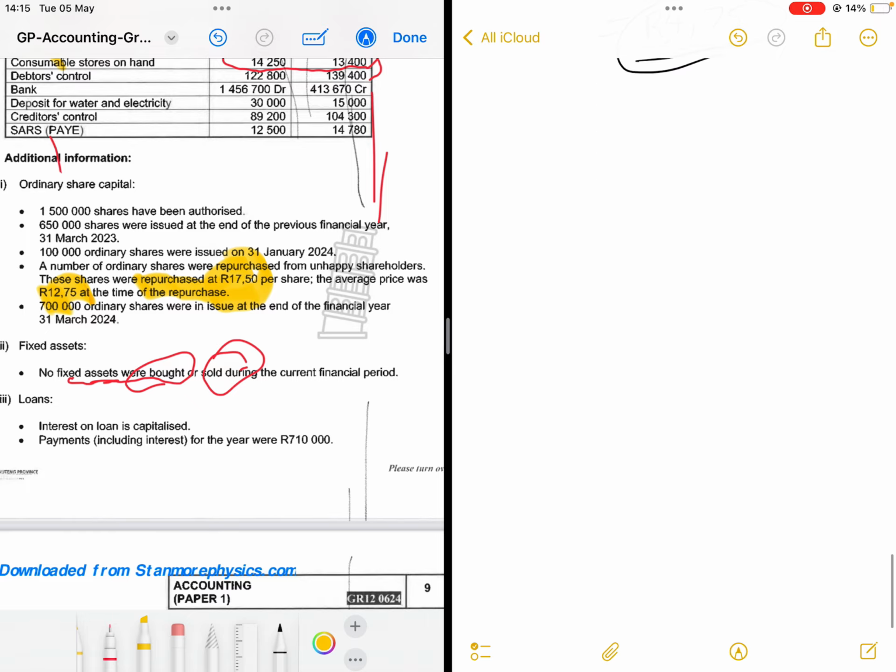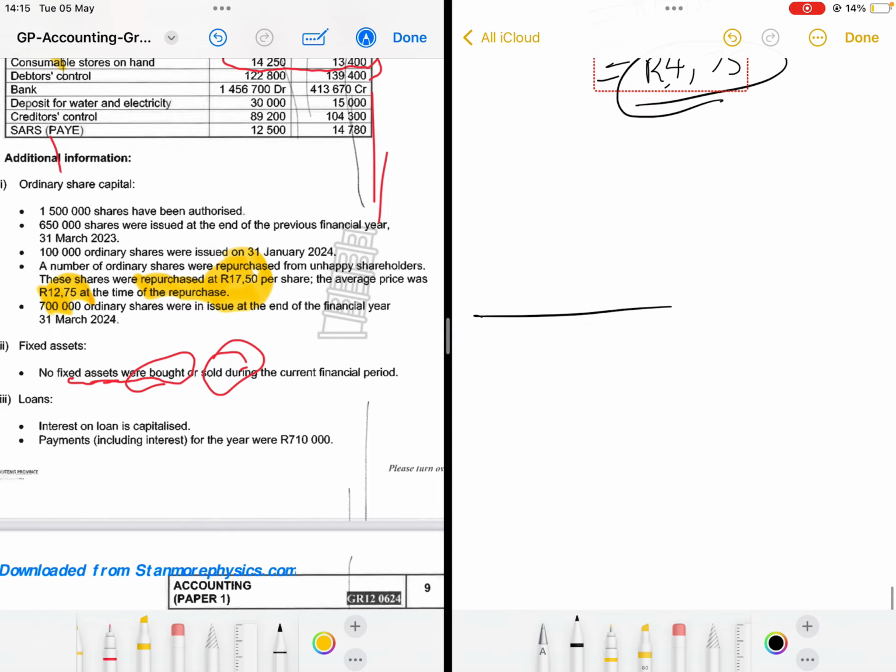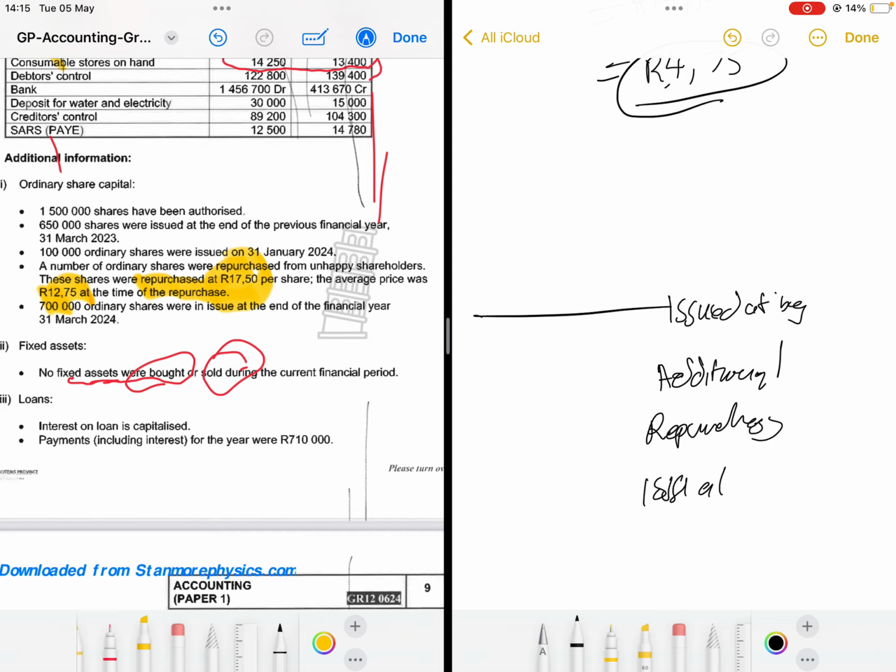Oh, it's a balancing figure. How so? Issued at the beginning, then additional, then we have the repurchases, then we have issued at the end. Now the repurchase is negative. Now plug in whatever you have. The shares from the previous year at the end become the opening this year.